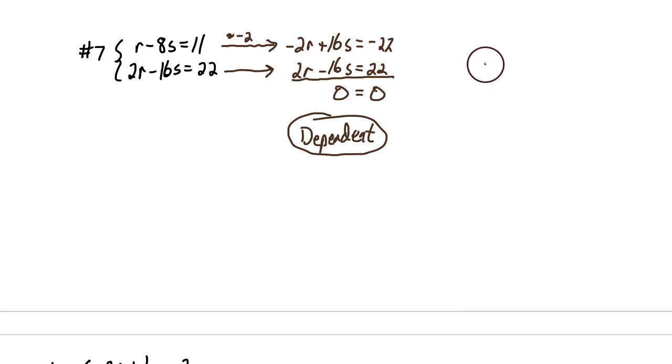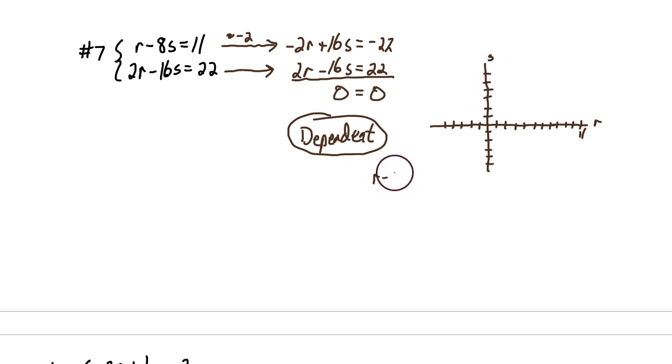Let's illustrate this with a graph. Here's the r-axis, here's the s-axis. Let's first graph r minus 8s equals 11. When s is 0, r equals 11.